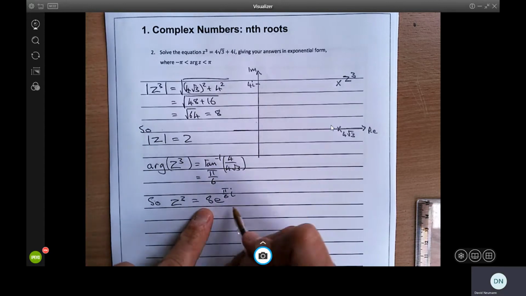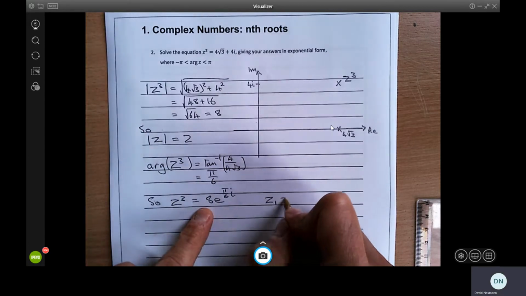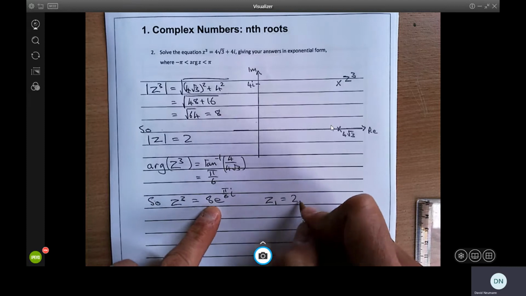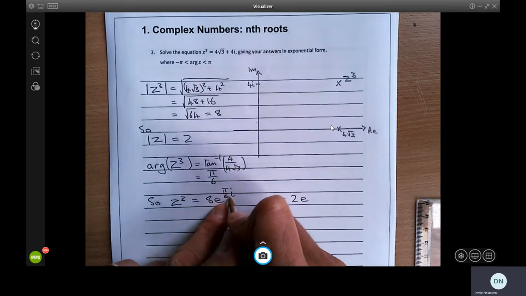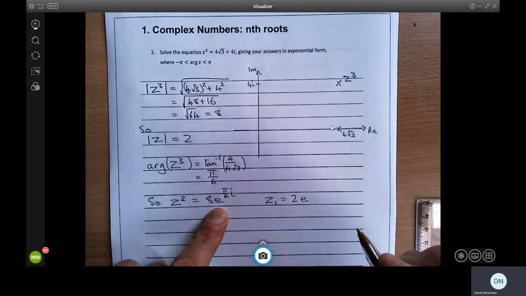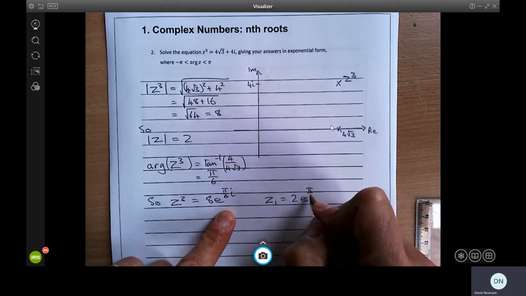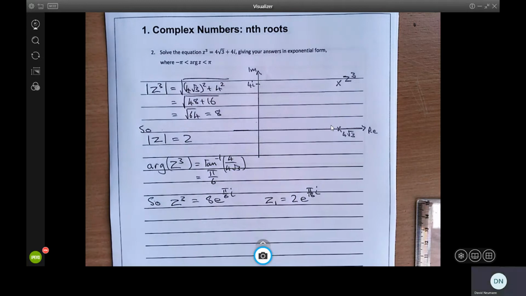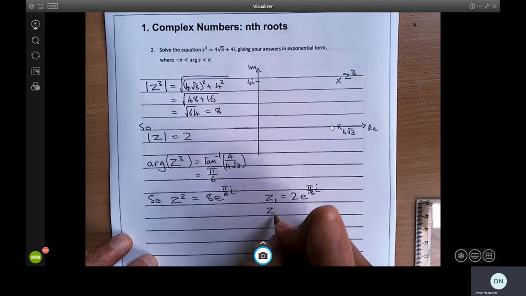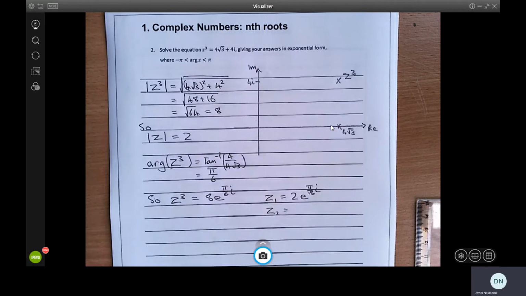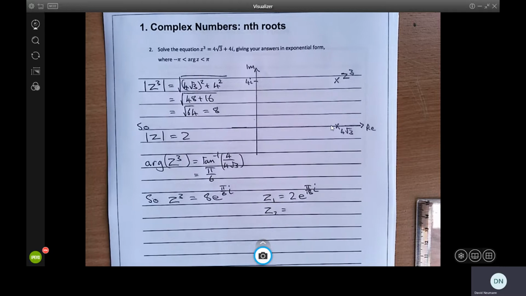Then one of our solutions is going to be z1 is equal to 2e to the, we want to divide that argument pi over 6 by 3, so pi over 18 i. Then z2 is going to be, well, we can multiply by the other 2 cube roots of 1.